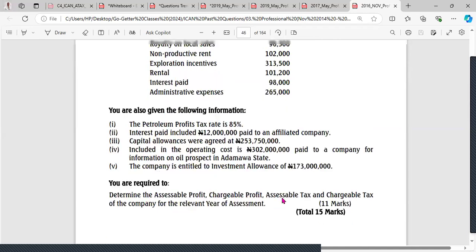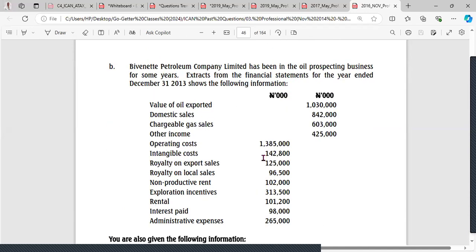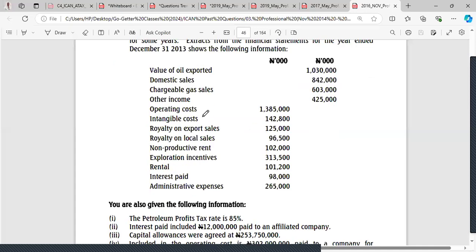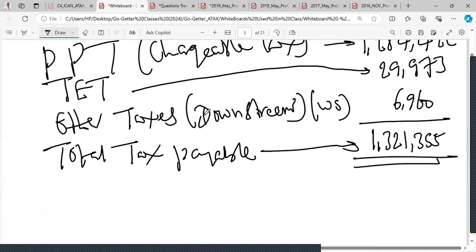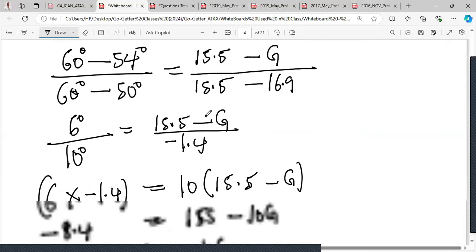This is 11 marks. It's not as cumbersome as the one we just did. That one we just did was a very comprehensive question.